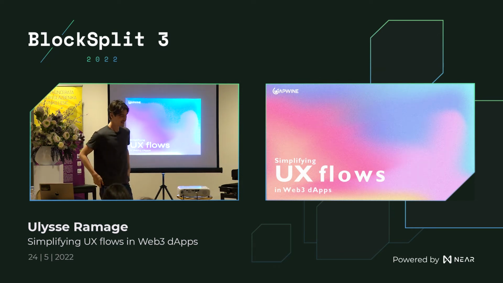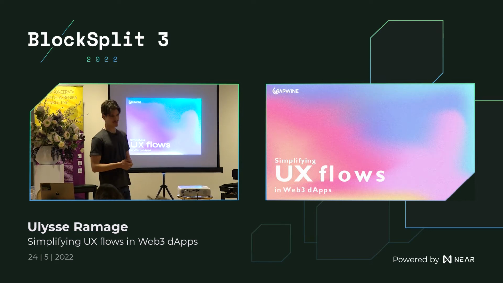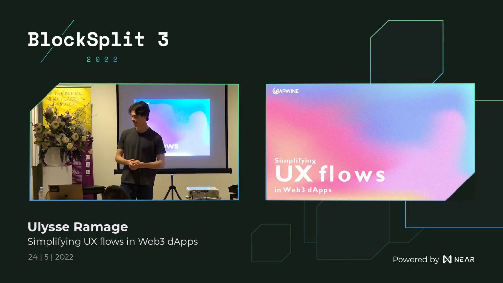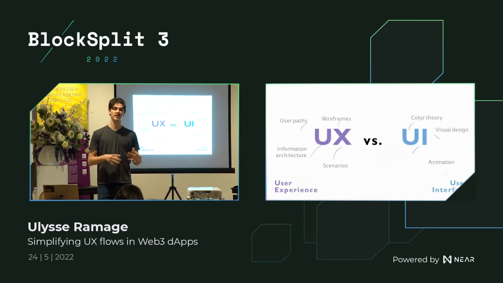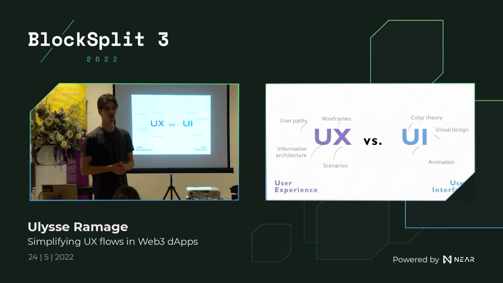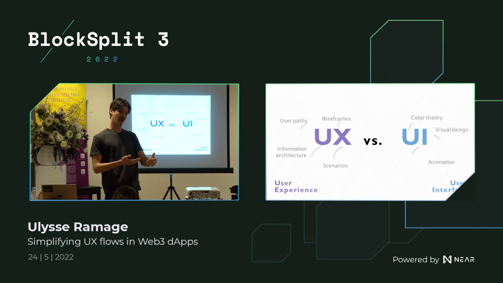So okay, let's talk about simplifying UX flows in Web3 decentralized applications. First, we need to define what is UX and what is UI. There's a little bit of difference, and for people who are new to the field, it may not be obvious. User experience is everything that defines the experience a user may have using your protocol, your application, your product in general.